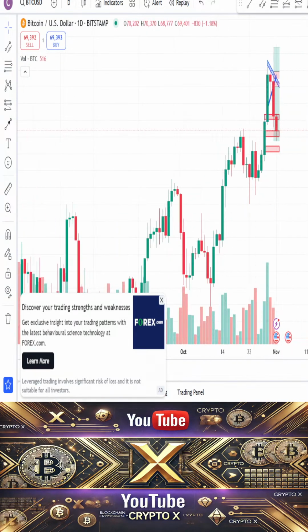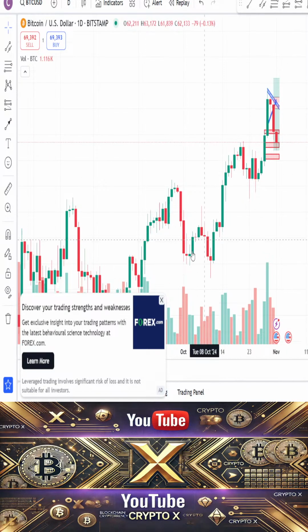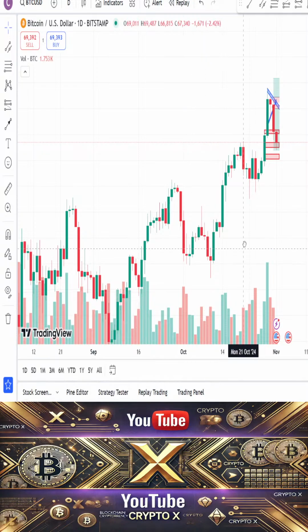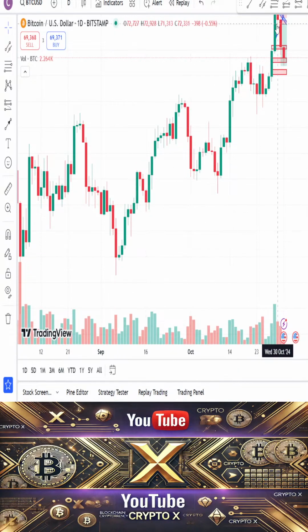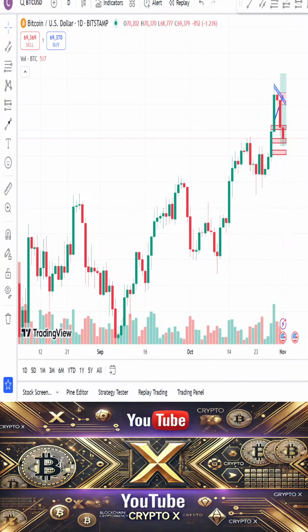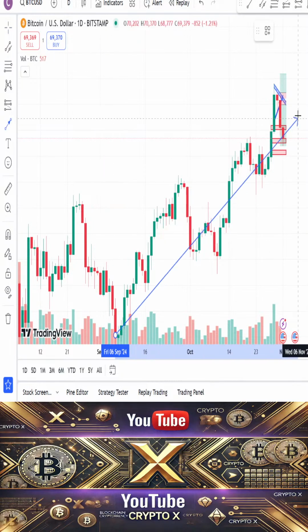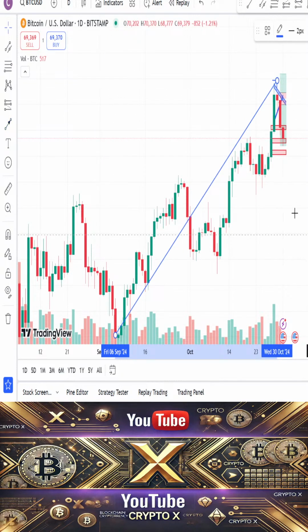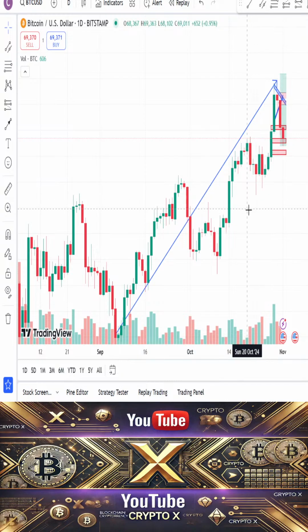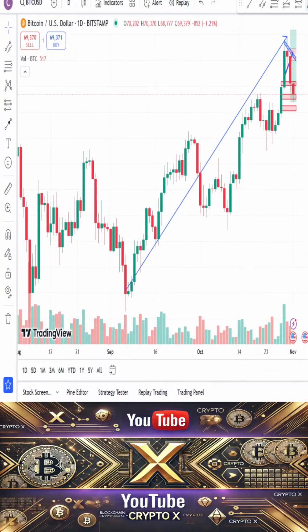So for one day, you can see it's purely going upside. So you have one thing in your mind: on a daily basis, at the end of the day, it's going upside. And there are plenty of things you can see on a daily basis.